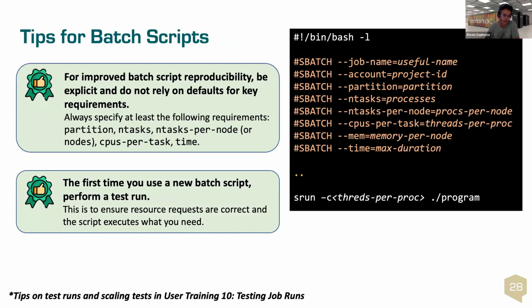It is a good idea to go step by step and send some test runs to see if everything is okay before you say, okay, run for 24 hours this job in 1,000 nodes. You need to be very sure that that is okay with pre-testing your code and pre-testing your settings, etc.